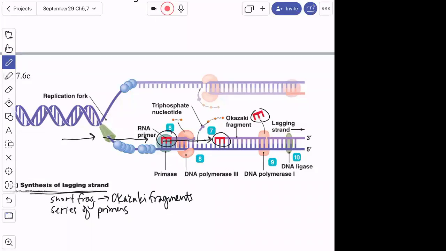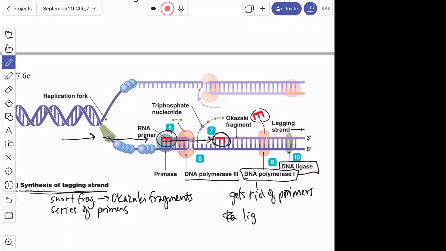Those RNA primers are excised by an enzyme called DNA polymerase 1. So it gets rid of primers and then fills that in with DNA. And then there has to be one other enzyme that comes in, ligase.